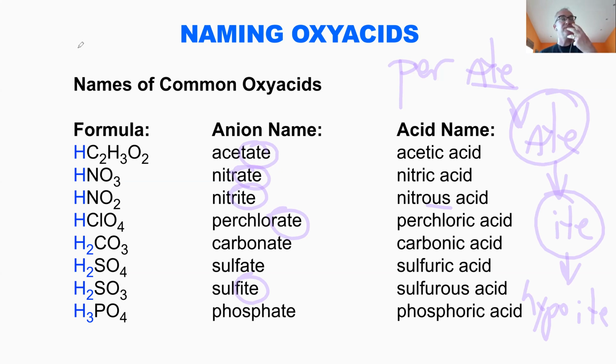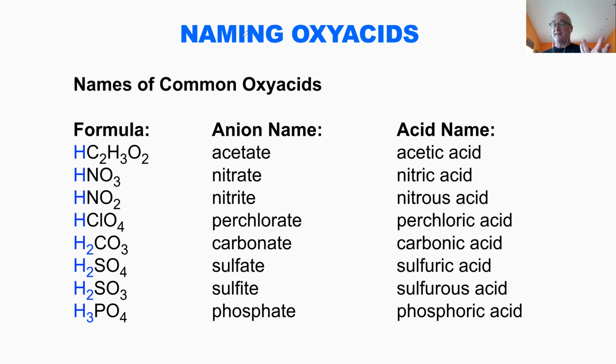Now again, you don't have to memorize this. It's in the tables, okay? But a lot of these you're going to see over and over again. Like acetic acid, that's vinegar. You're going to see that in a lot of chemistry questions. Nitric acid is one of the strong acids, so that dissociates completely, that ionizes completely in water.